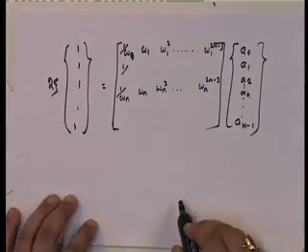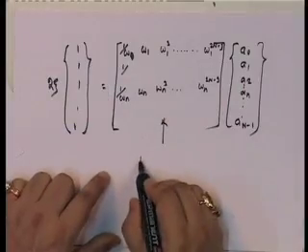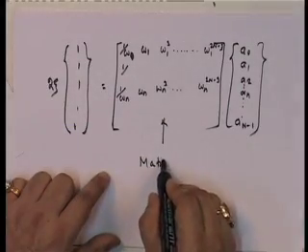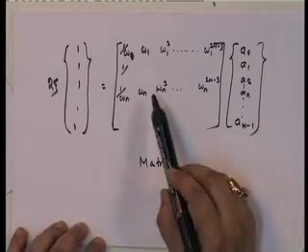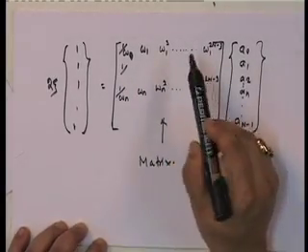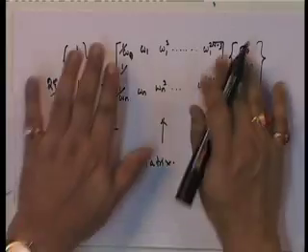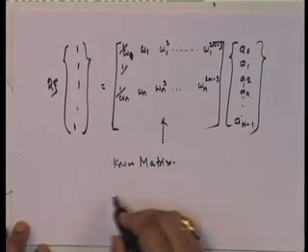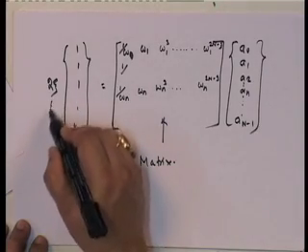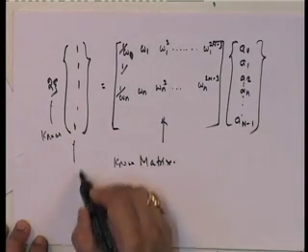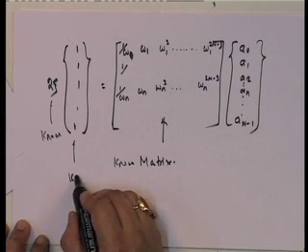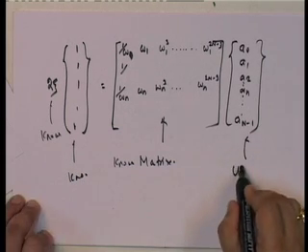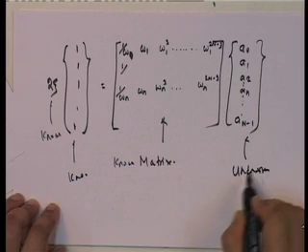Now, note that this matrix I know, because I know all omegas, up to omega n. So, this is a known matrix, given. This is unknown. So, what is this?